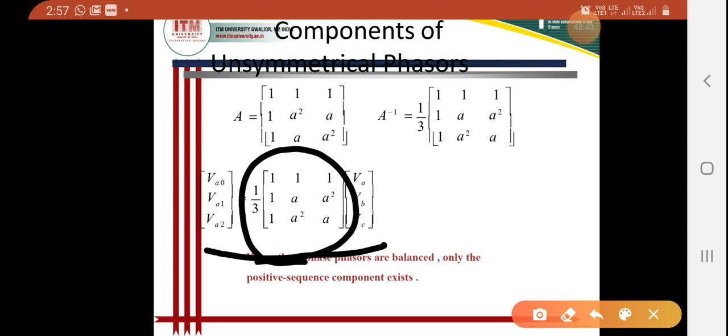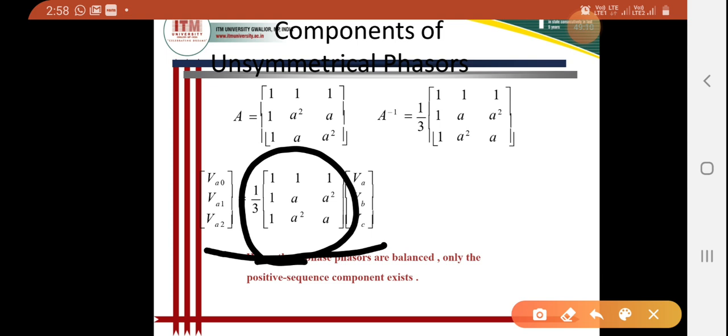In our next class we will discuss current phasors, that is, how to calculate the symmetrical components of currents from the unbalanced current in the line due to some fault.